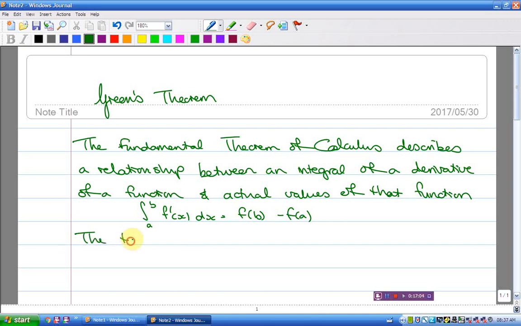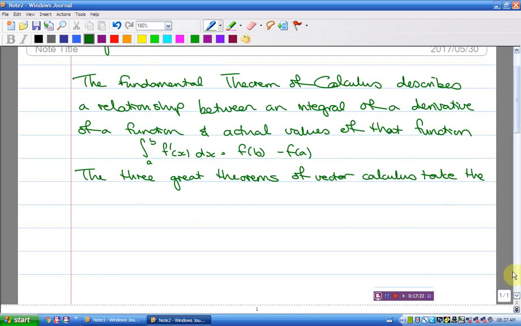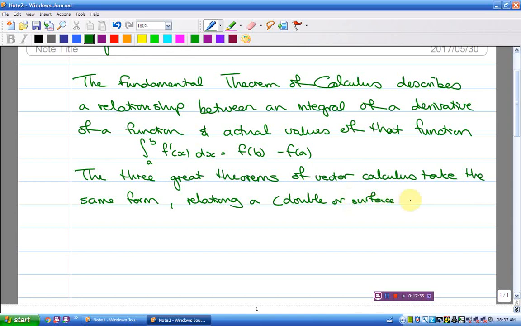Okay, the three great theorems, perhaps my enthusiasm is showing there, the three great theorems of vector calculus take the same form, relating a double or surface or triple integral of a derivative.